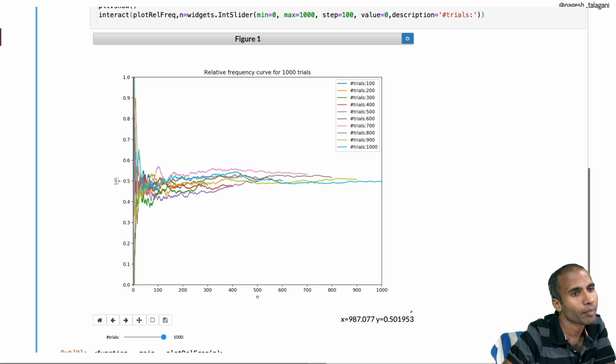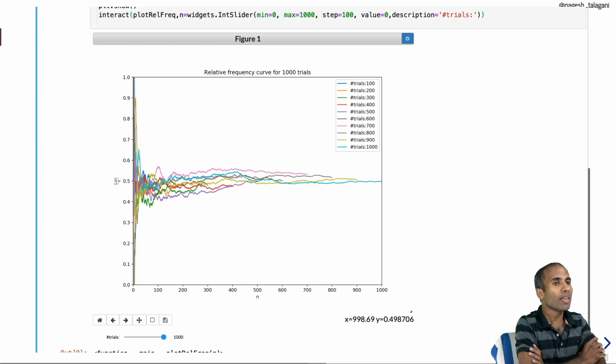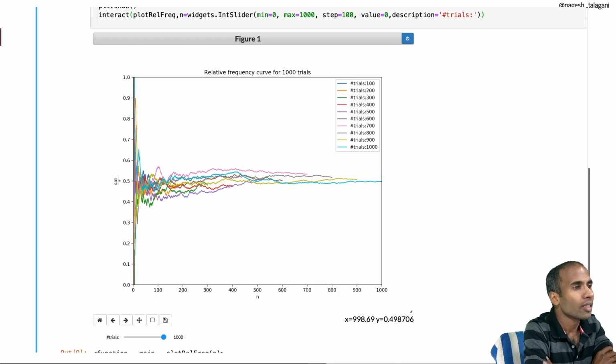For 1000 trials, the relative frequency curve seems to stabilize at 0.498706. If you keep on increasing the number of trials, I think it's going to approach much closer to 0.5. So I think this definition seems to make sense, right?